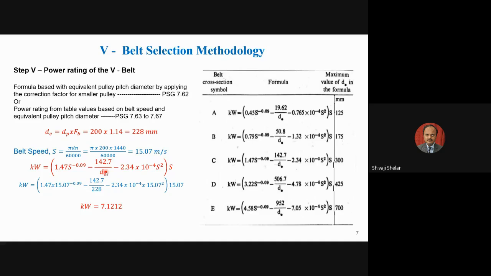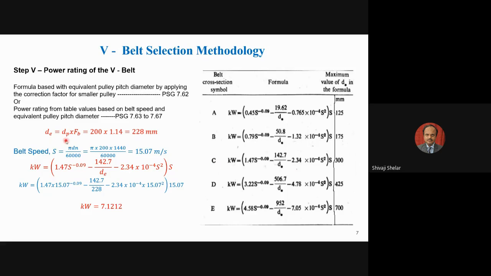At this moment, I am using the formula, but I will show how to use the table also. Let's say our belt section is C. This formula is applicable up to a smaller or equivalent pulley diameter of 300 mm. So let's evaluate the equivalent diameter for this C section.